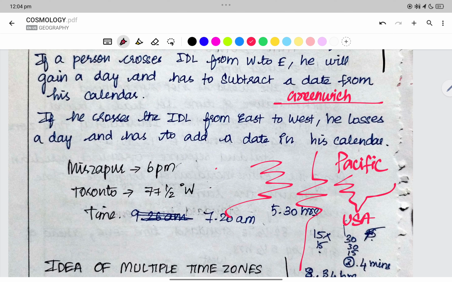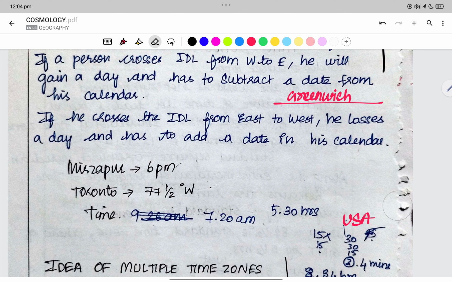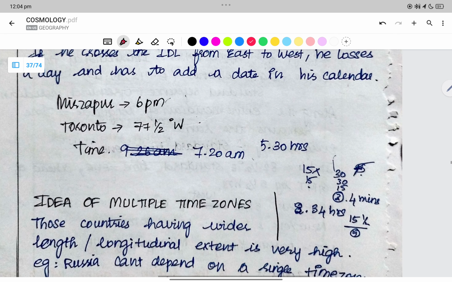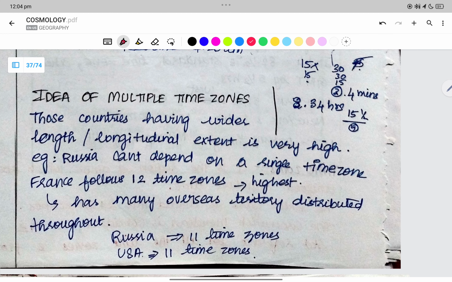Here we have Asia, Japan, right? Japan is where the sun rises. So the international date line is between Japan on the west and the US on the east. Therefore, gaining a day means one day we got. If I get yesterday again, it is a gain for me, right?